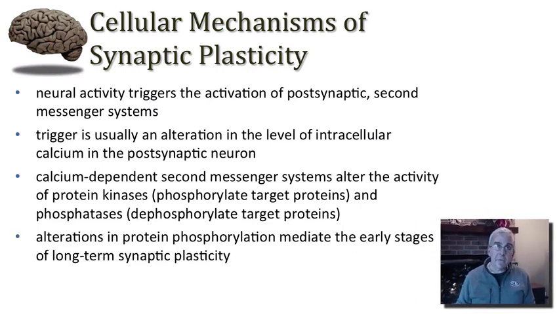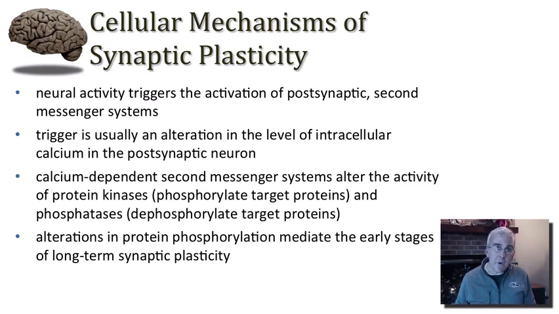So it's this alteration in protein phosphorylation that mediates the early stages of synaptic plasticity, where new proteins don't need to be produced, so we've not yet really altered the overall protein complement of the postsynaptic cell. We've just altered the function of the proteins that already exist.